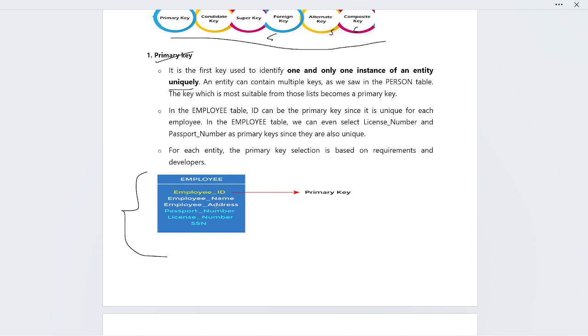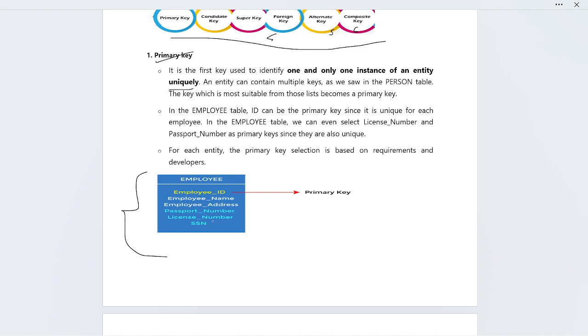Address may be common if two employees are from the same address. So obviously these two would not be primary keys, but employee ID, passport number, license number, and SSN can be primary keys.